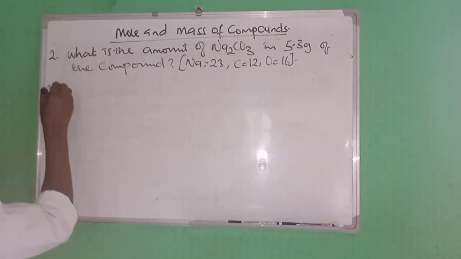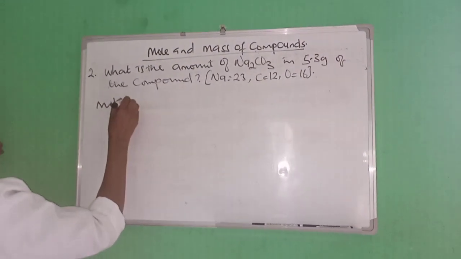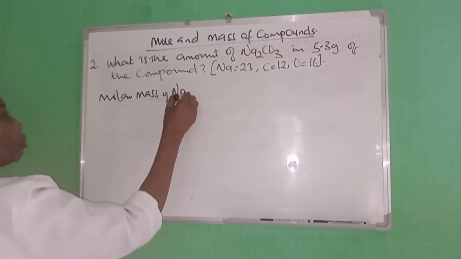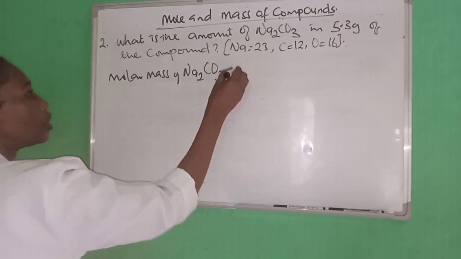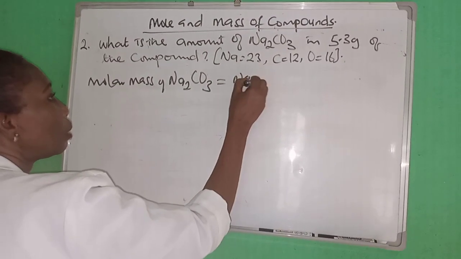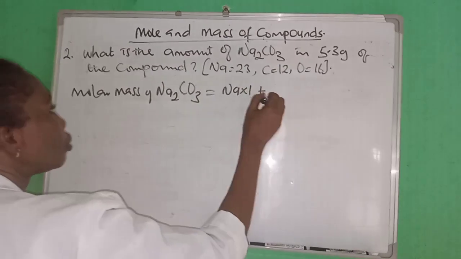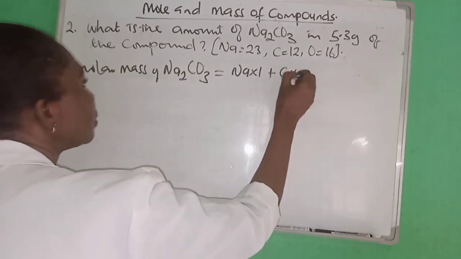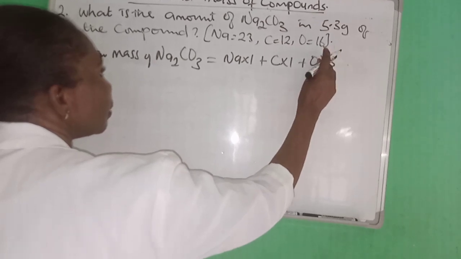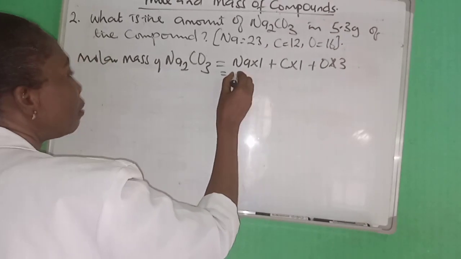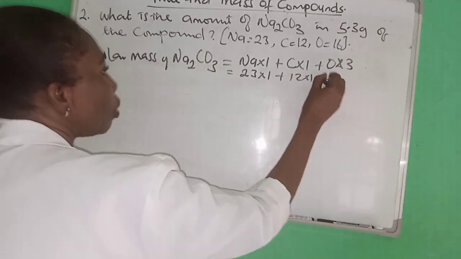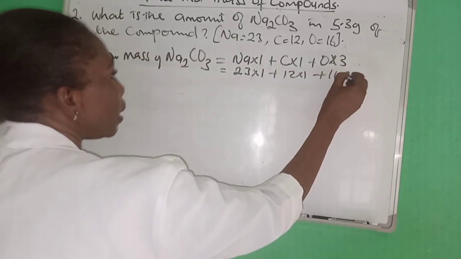So the molar mass of sodium trioxocarbonate(IV): we have been given the value for sodium times 1 plus the value of carbon times 1 plus the value of oxygen times 3. So what do we have? We have 23 times 1 plus 12 times 1 plus 16 times 3.